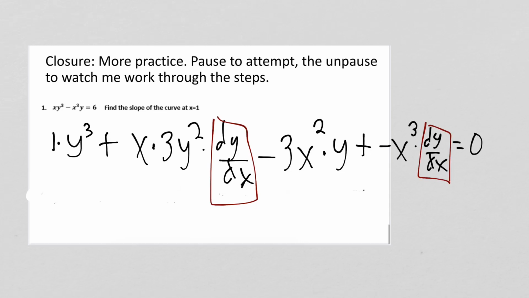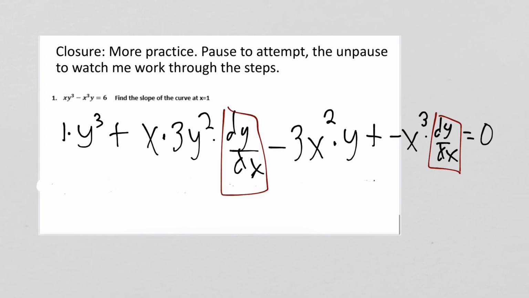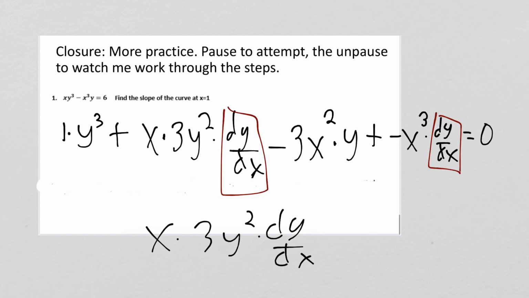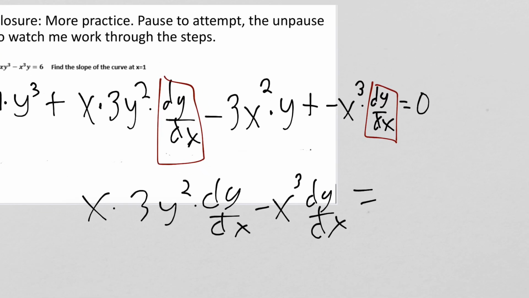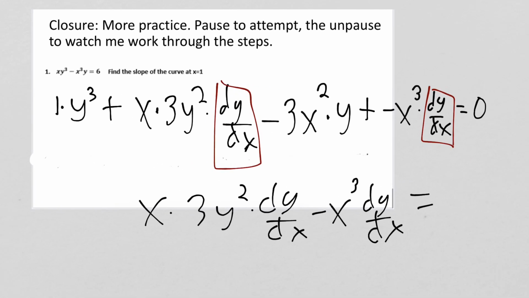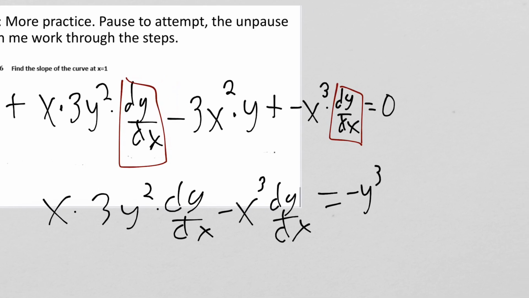So anything that does not have a dy/dx attached to it needs to get moved to the other side. So now we have x times 3y squared times dy/dx, minus x cubed dy/dx. Those are our two pieces that have a dy/dx, and that's equal to, we're going to subtract that y cubed over, so we get minus y cubed, and then we're going to add the 3x squared times y, so we get plus 3x squared times y.